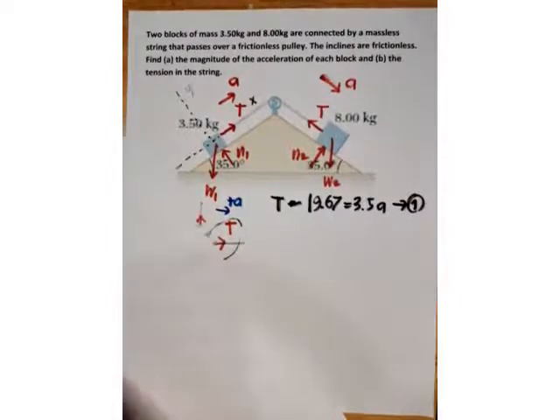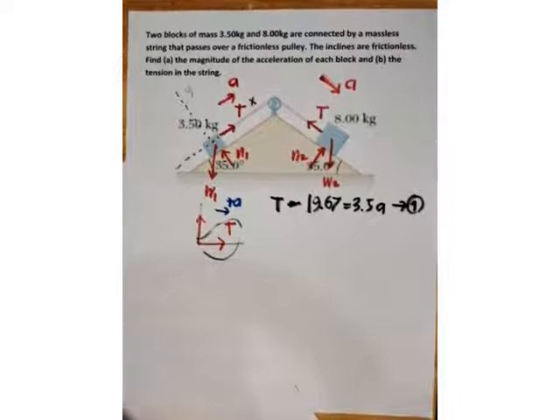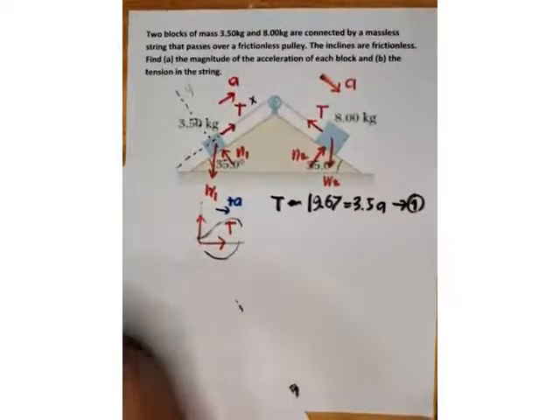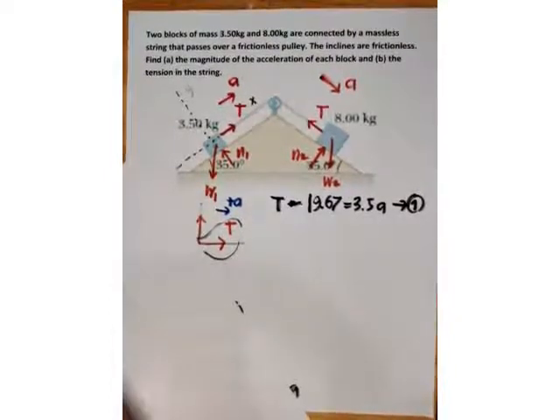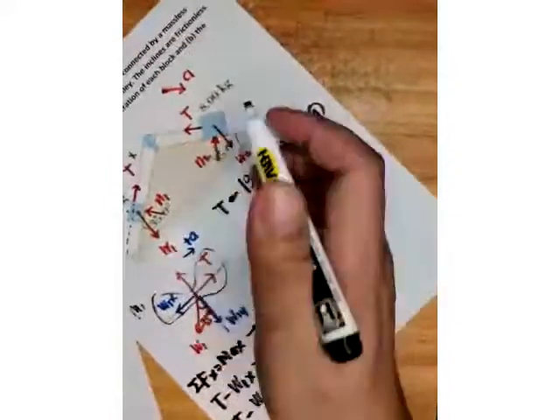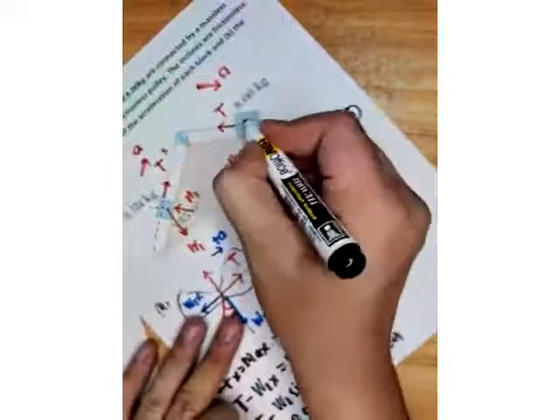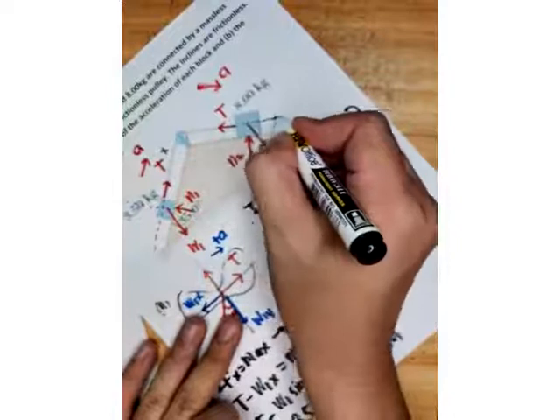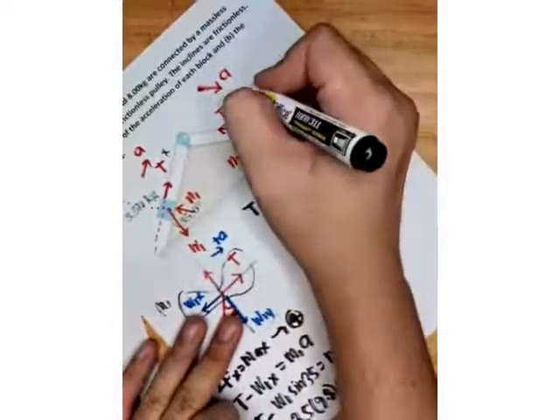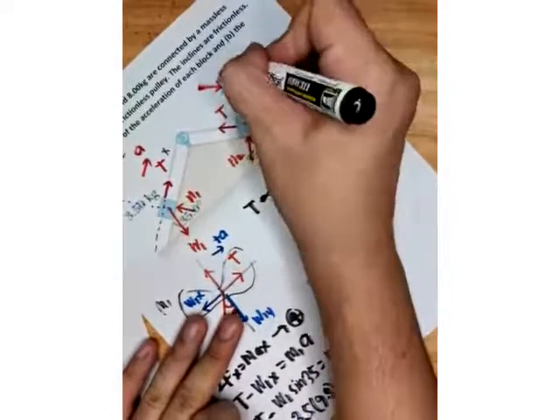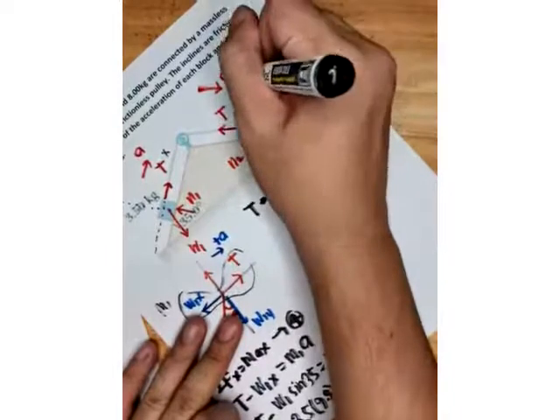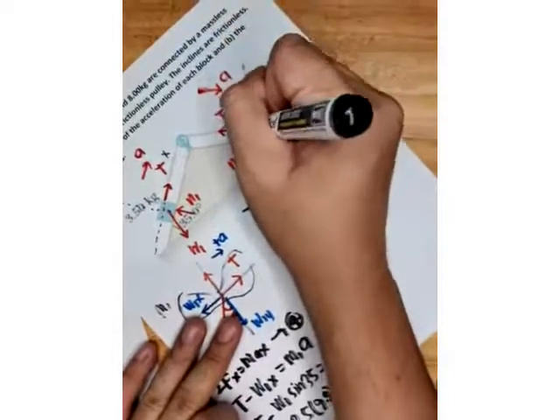So, let's proceed to mass 2. Okay, same lang ang gagawin. Kailangan natin i-rotate yung axis natin such that the x-axis is parallel doon sa surface natin. Ayan.